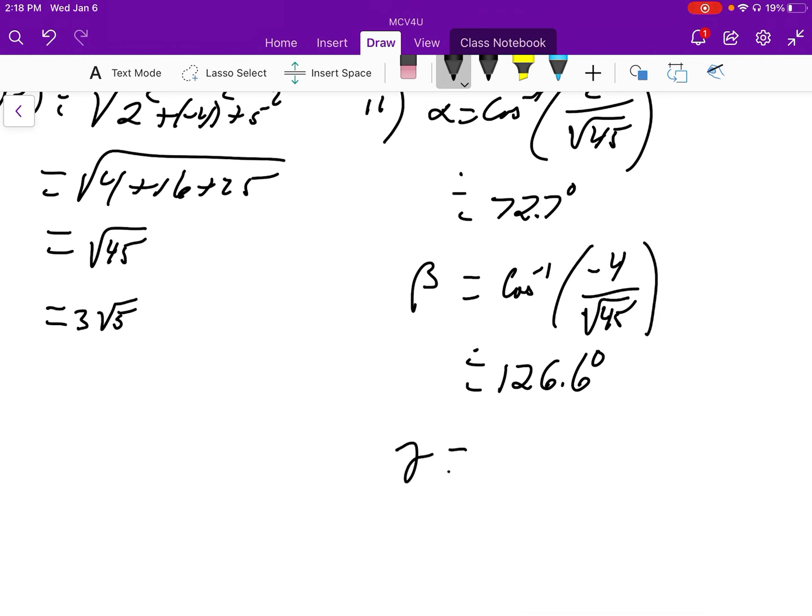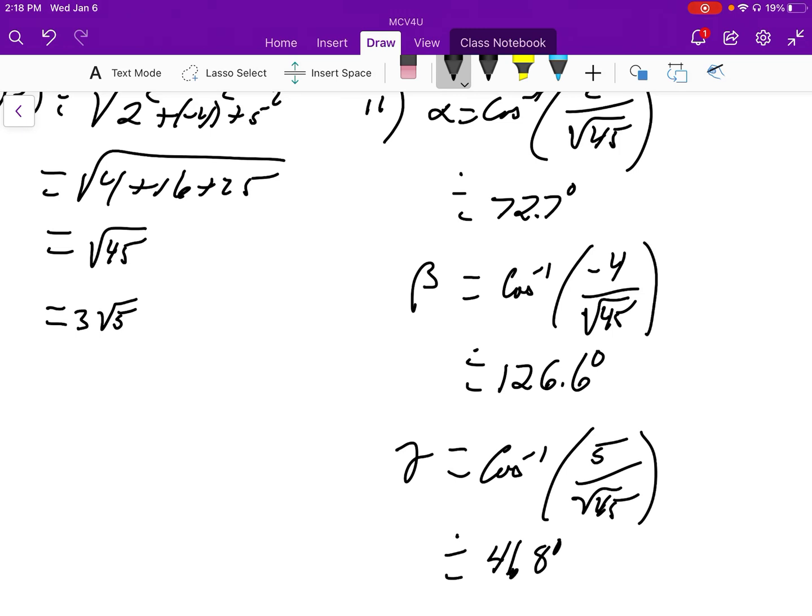And finally, gamma, we do with cos inverse of 5 over the square root of 45, and we have approximately 41.8 degrees. So we have vector A has a magnitude of square root of 45 with direction angles 72.7, 126.6, and 41.8.